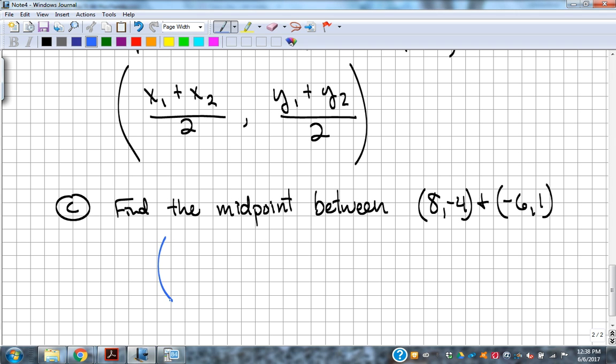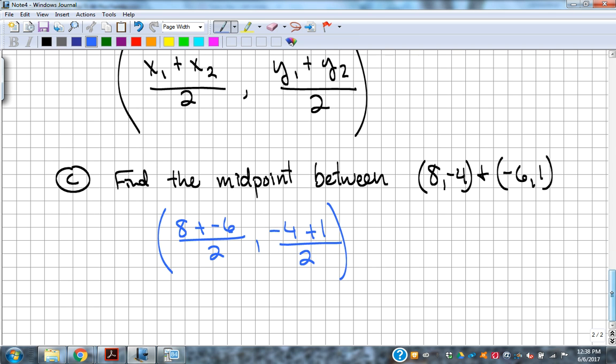So very easy to do. Just take the two x values and add them together: 8 plus negative 6, divided by 2. Do the same thing with the y values: negative 4 plus 1, divided by 2. And simplify.